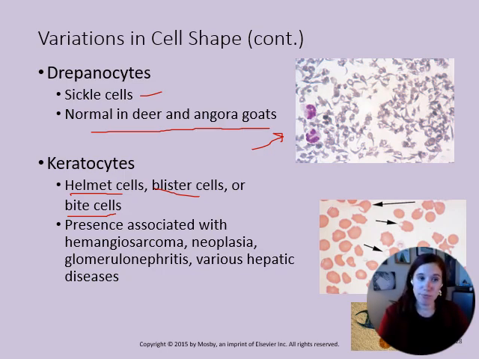Shape, morphology, maybe. Keratocytes, I don't really care what you put on the exam. Just know what you're looking at, okay? This presence is associated with hemangiosarcoma, neoplasia, glomerular nephritis, so issues with our kidney, and also we could have issues within the liver.